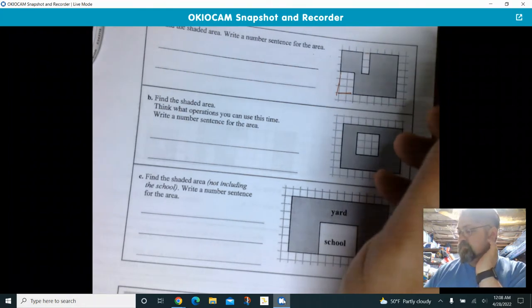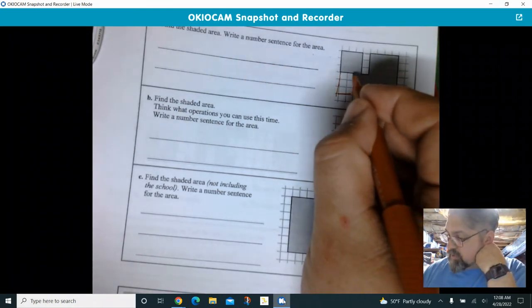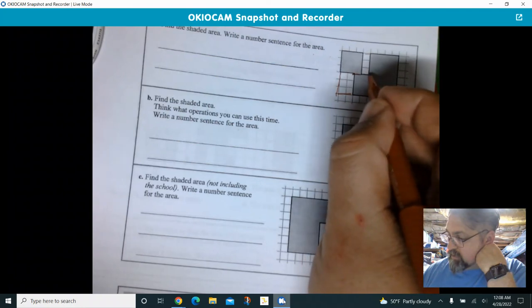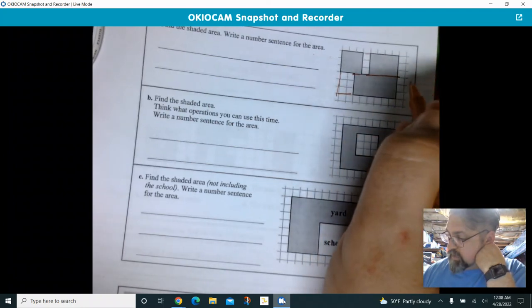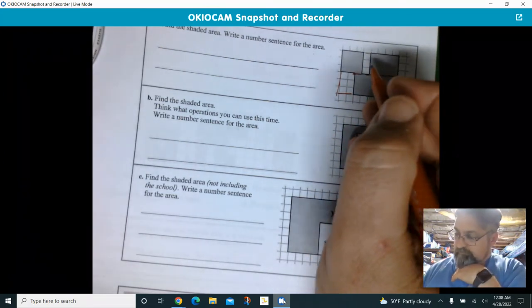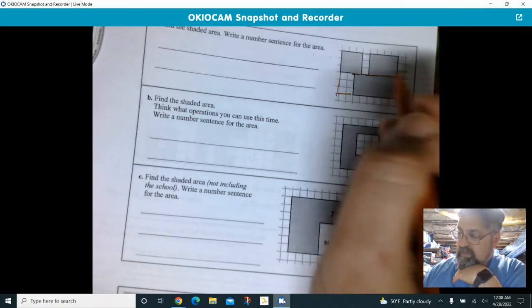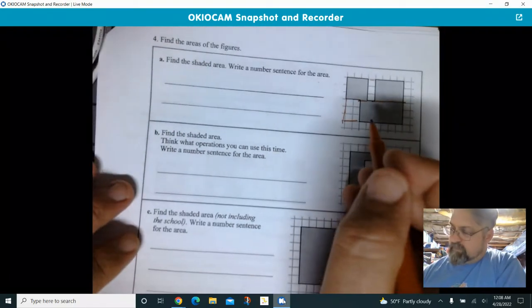Or you could draw a line here and a line here. Treat it like you got a square and two rectangles. I'm probably going to do it this way, just for the sake of easiness.